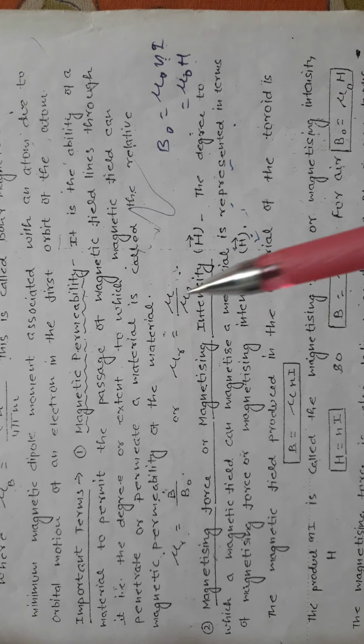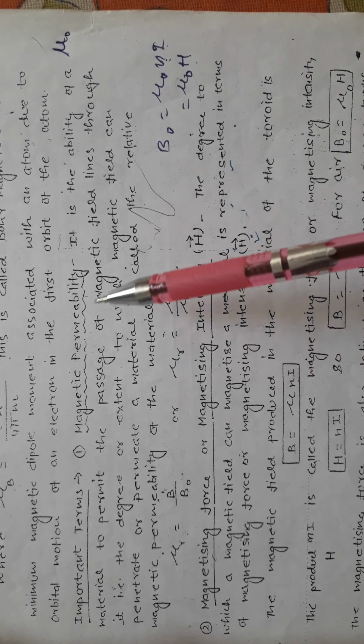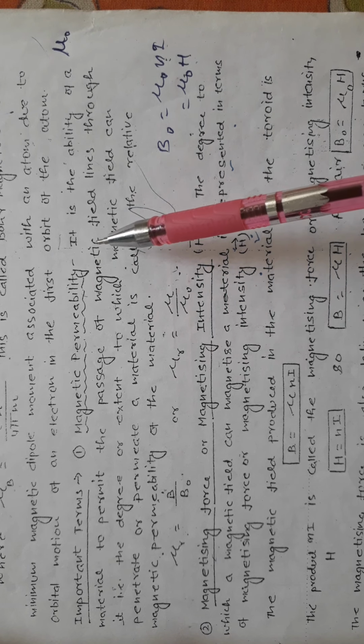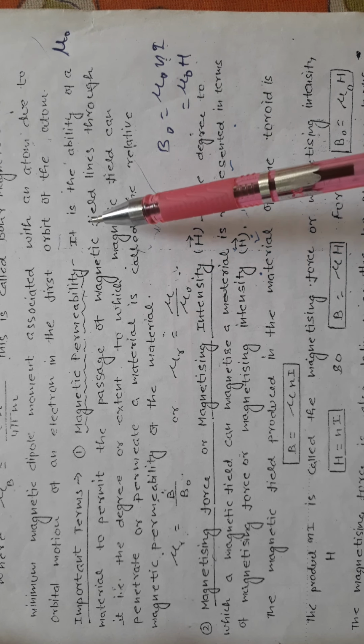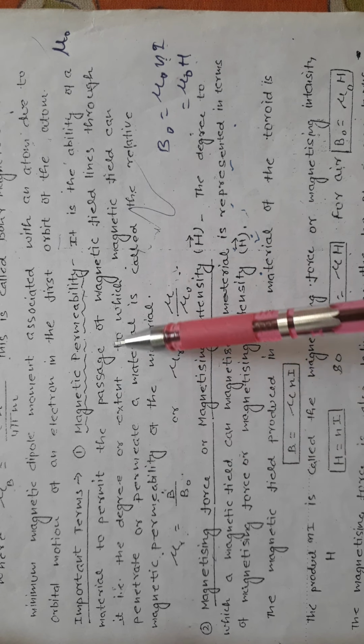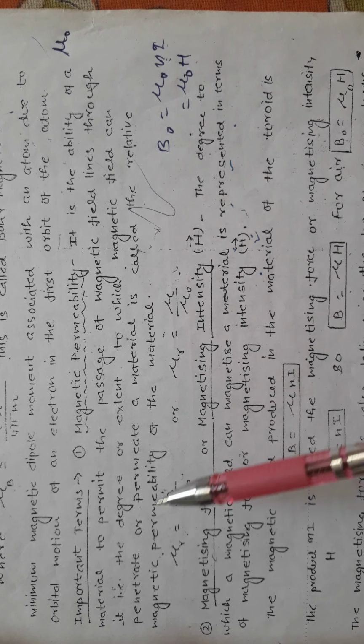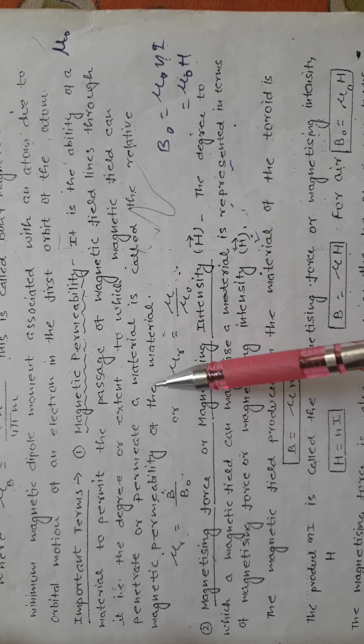Mu is the symbol. Mu naught is the magnetic permeability of air. Similarly, there is the magnetic permeability of a material. Magnetic permeability is the ability of a material to permit the passage of magnetic field lines through it, that is, the degree or extent to which a magnetic field can penetrate or permeate a material.